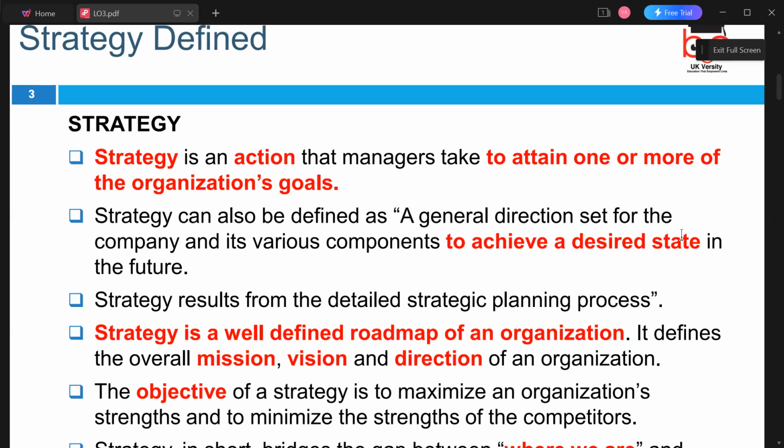So a strategy can be the way supervisors and managers within the organization consider and think is most beneficial for company performance in order for them to gain more revenue and profit towards the end of the year. So a strategy is a well-defined roadmap of an organization where it is going to define the overall mission, vision, and direction of an organization.